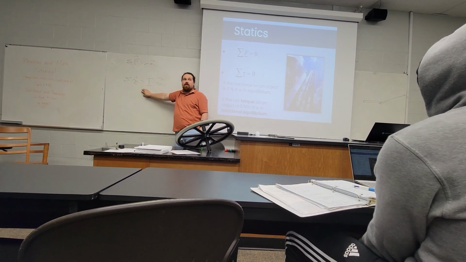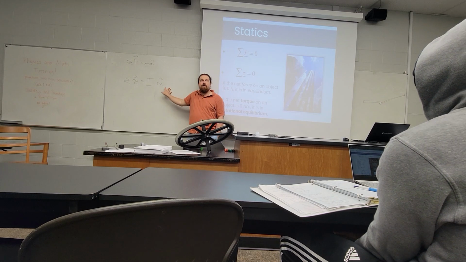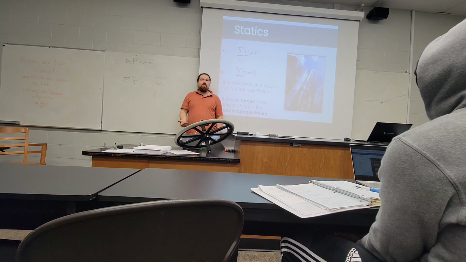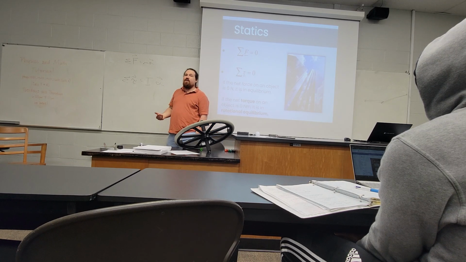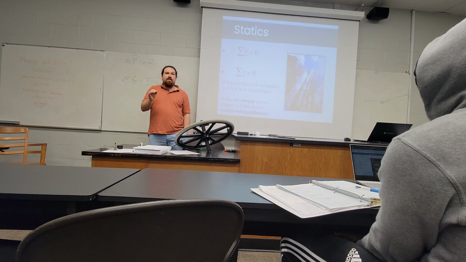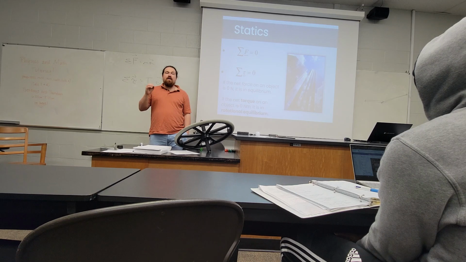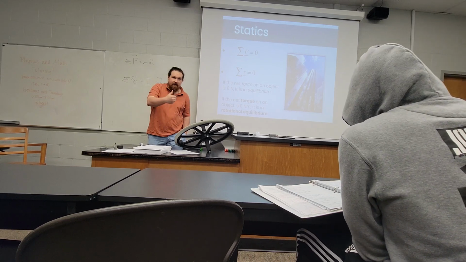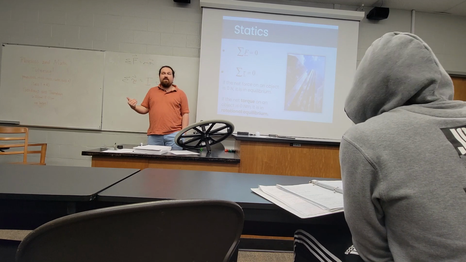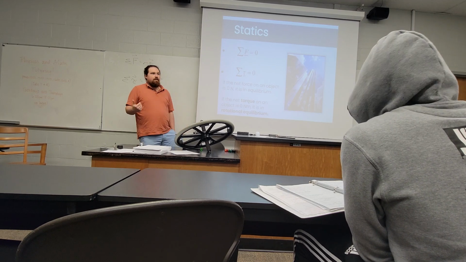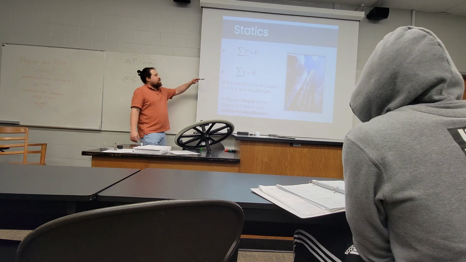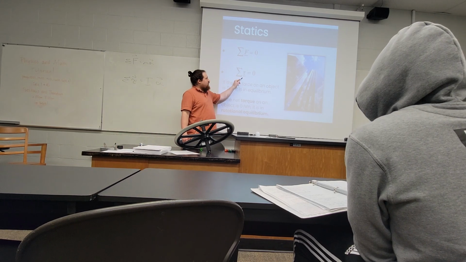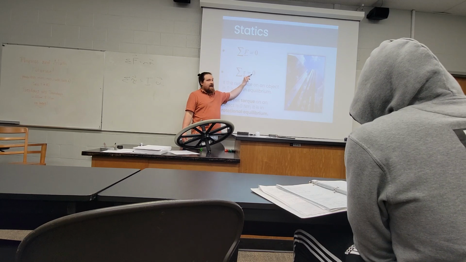Net torque causes net rotational acceleration. So if you want something to start spinning, you have to exert torque on it. And if something isn't spinning, that means that the net torque on it is zero. Like how if something is not linearly accelerating, the net force on it is zero. So, if something is not angularly accelerating, that means that all the torques acting on it add up to zero.